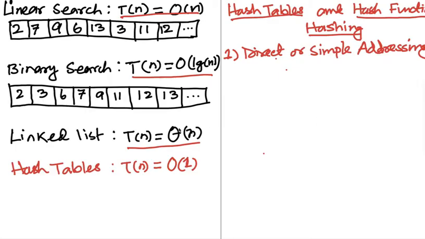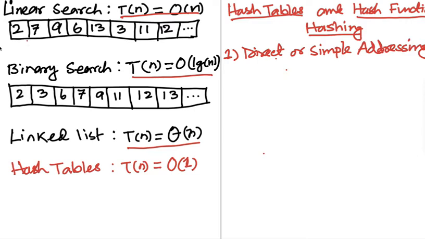Let us recall some background knowledge about searching algorithms. In the linear search algorithm, data values are placed in an array in any order.